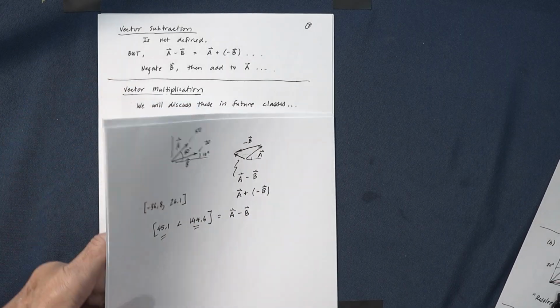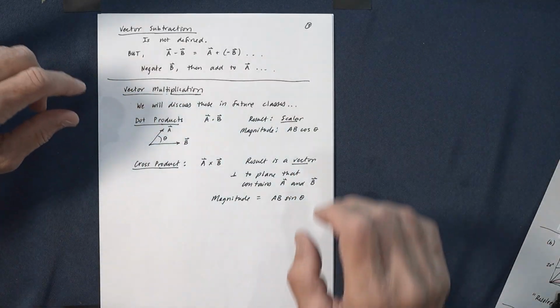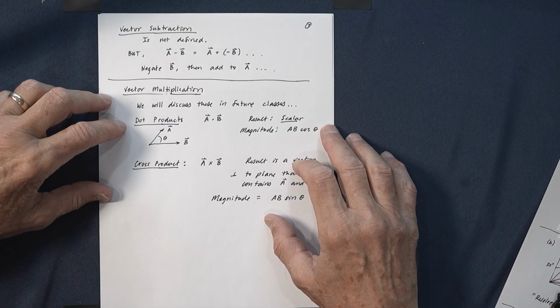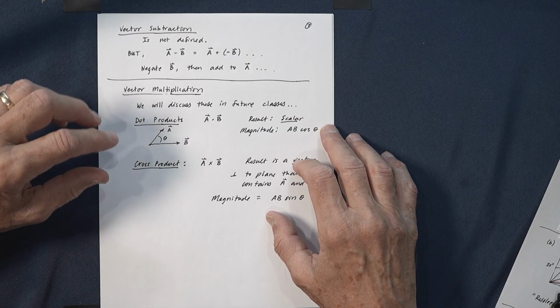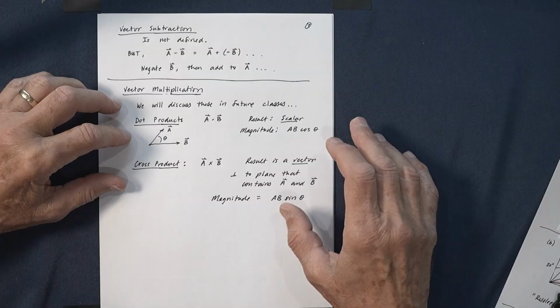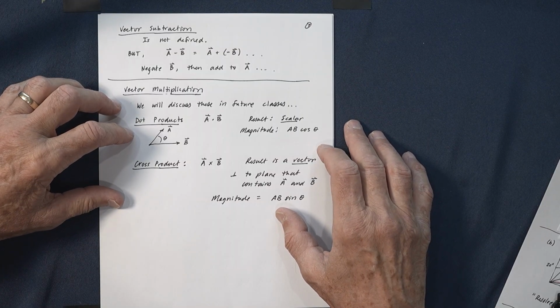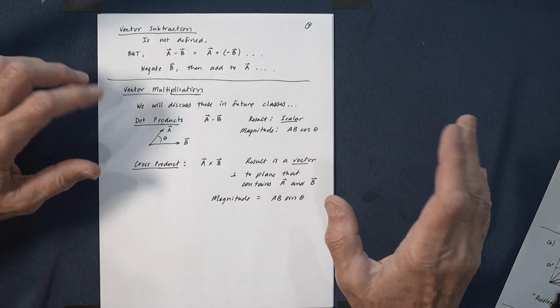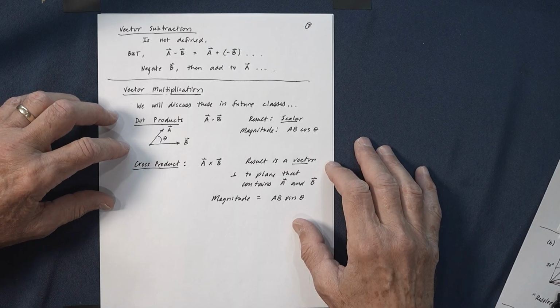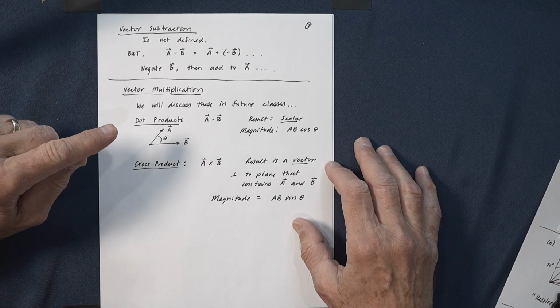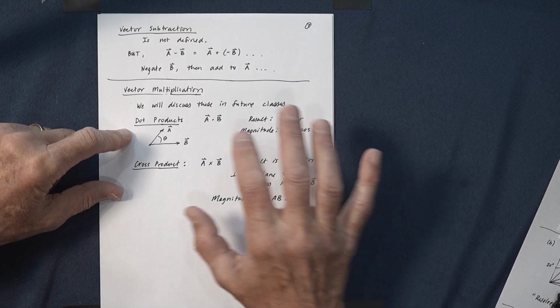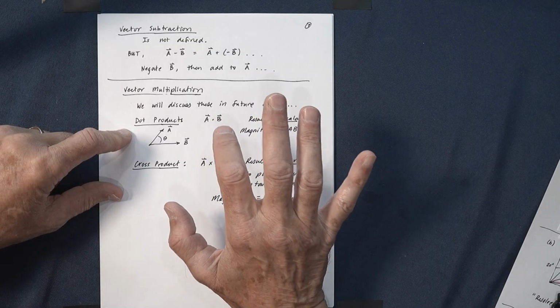Vector multiplication. So basically in future videos, we'll talk about dot product and cross product. And we'll actually talk about a scalar triple product too in this class. But a dot product is A vector dotted with the B vector.